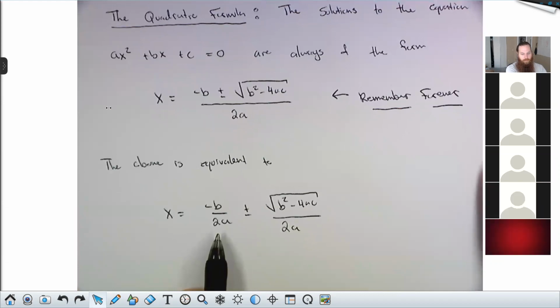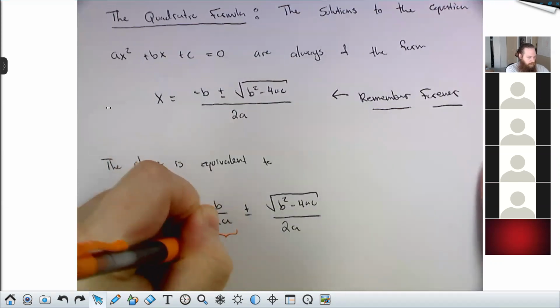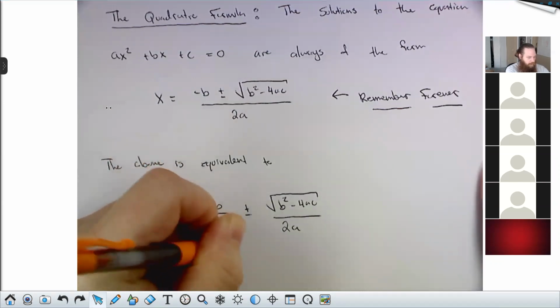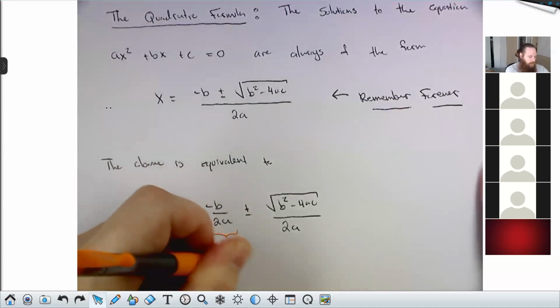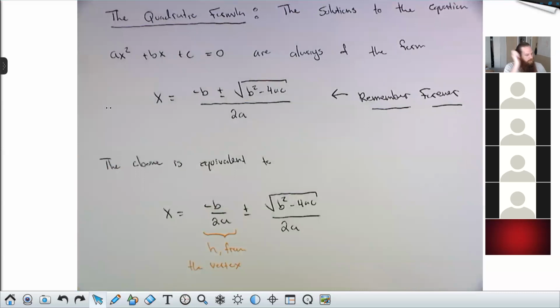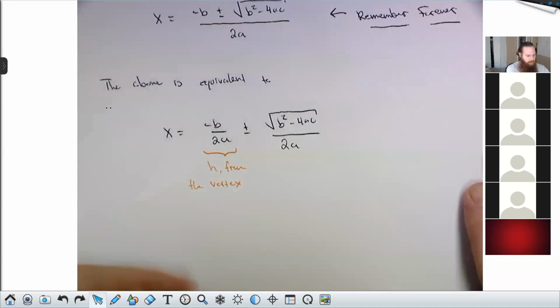It's the vertex form. Yeah, that's h, from the vertex. So this says start at the vertex, then walk left or right, that's the plus or minus, some amount, and you'll get to the roots. So you'll get to the x-intercepts.